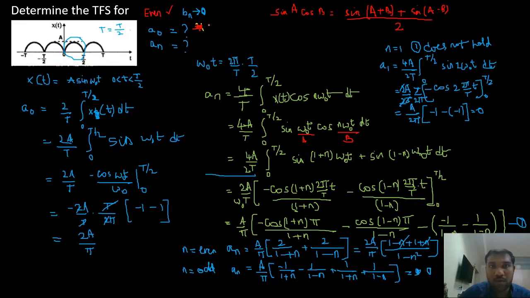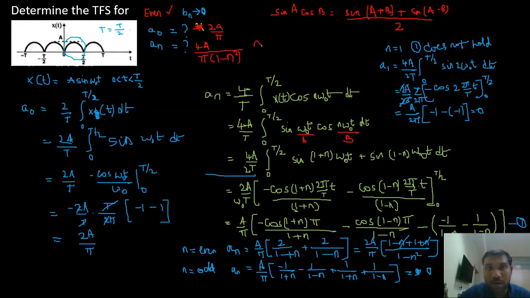And an is equal to 4a by pi into 1 minus n square, right?